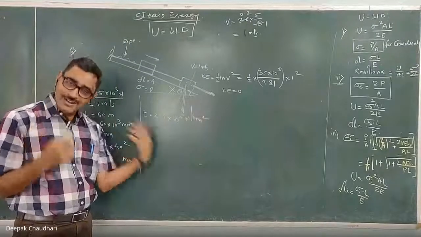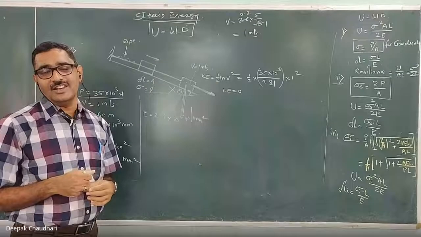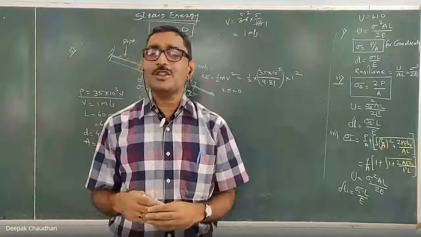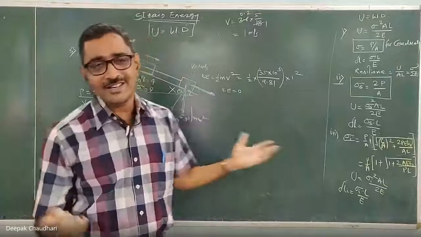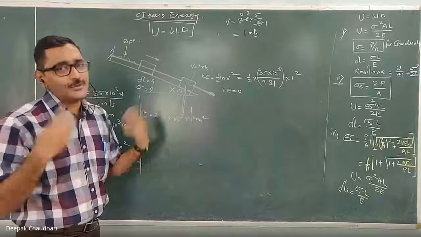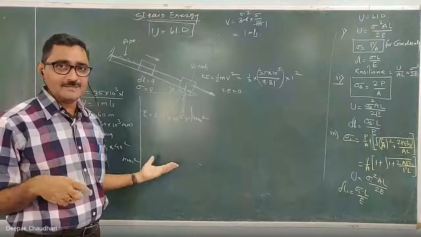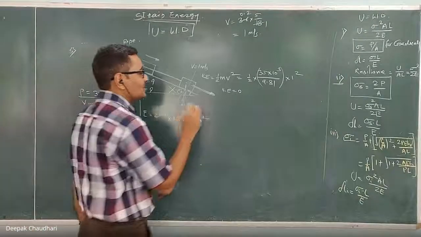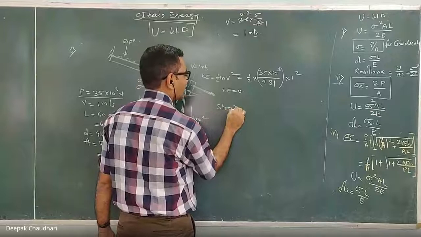Earlier, when we discussed the theory, I told you that the strain energy is equal to the work done. That was the case there. Here the work done is not there, but another form of energy is there, which is the kinetic energy. So that kinetic energy loss is stored in the rope as strain energy.